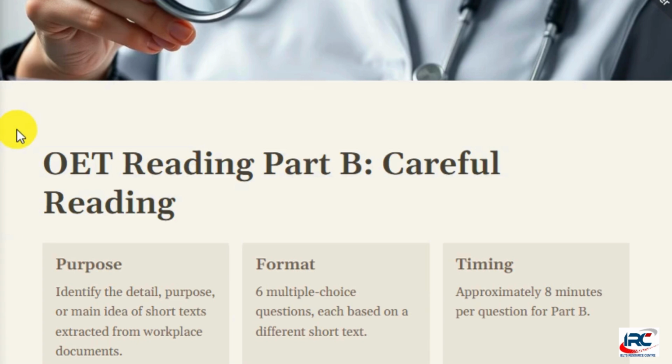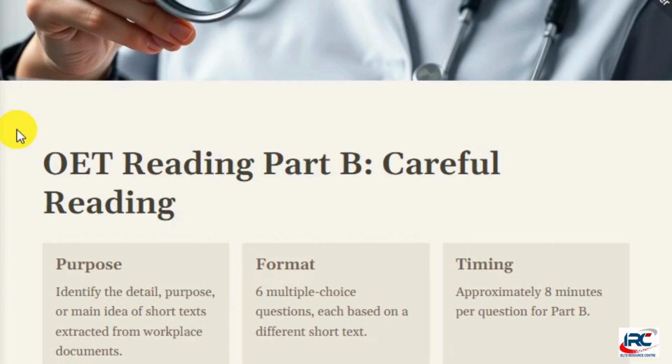When it comes to timing, you will have approximately 8 minutes per question to tackle Part B. While this might seem generous, the key is to use your time wisely. Skim too quickly and you might miss crucial details.